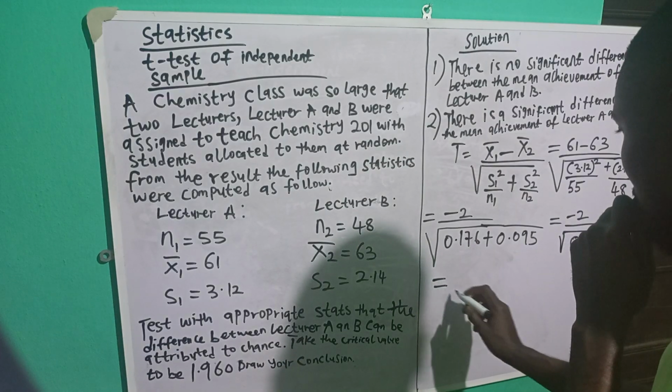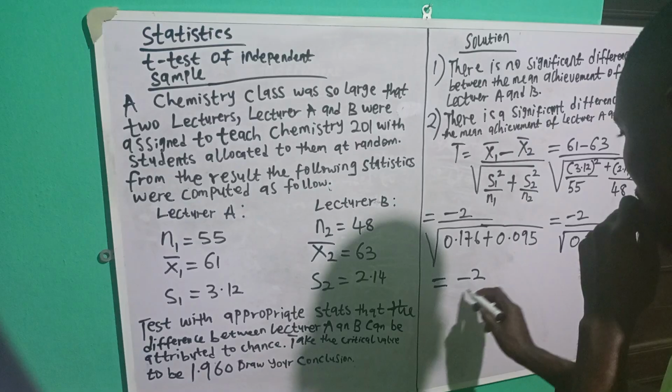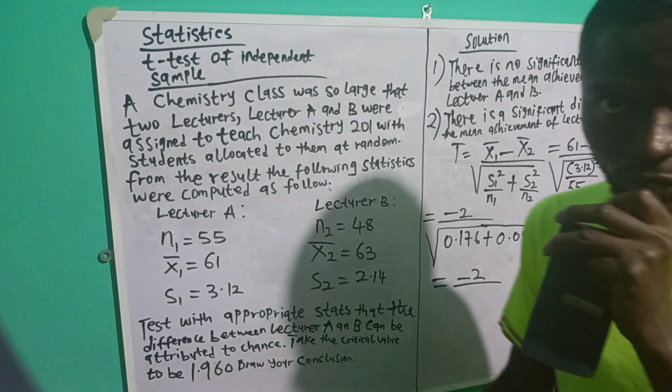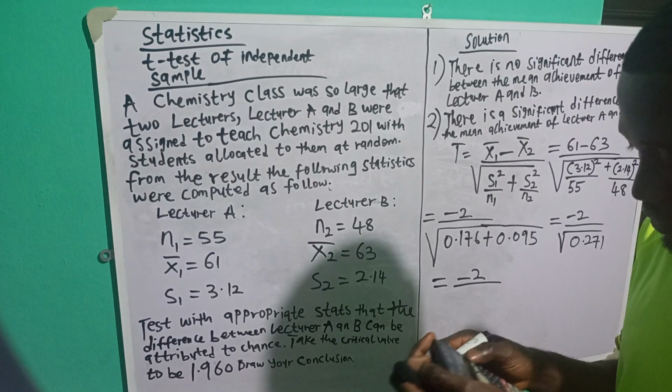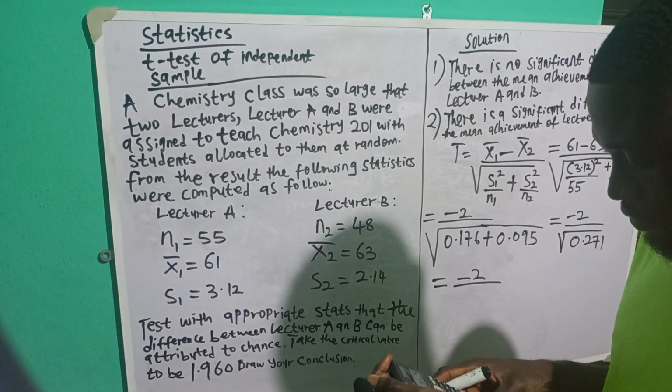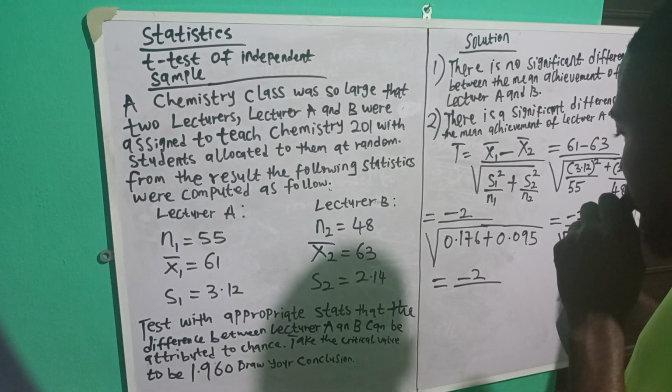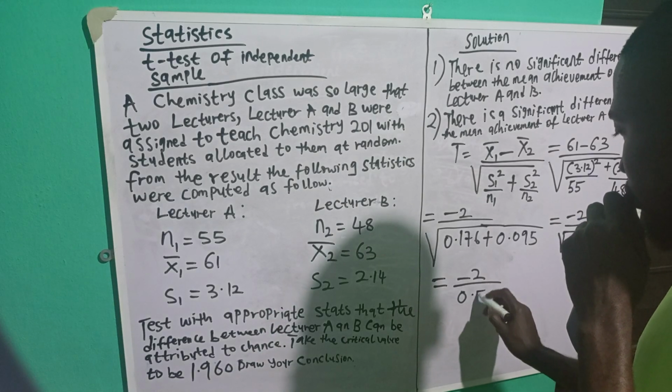So this will be equal to minus 2 over the square root of 0.271. The square root of this is 0.52.